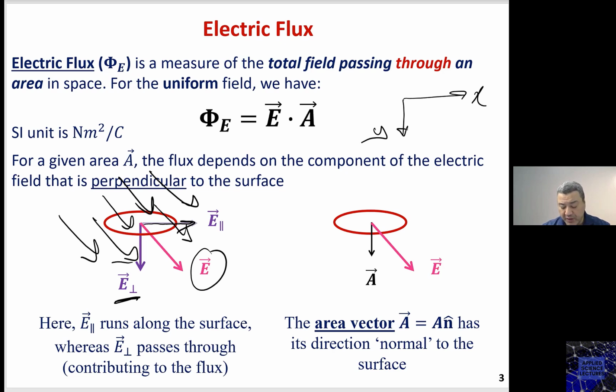The area vector has magnitude A, the area of the surface, and its unit vector n hat is in the direction of j hat. So the area vector equals A times j hat.